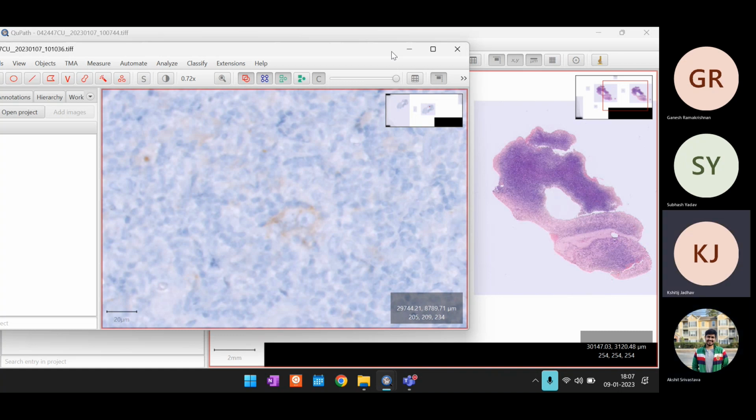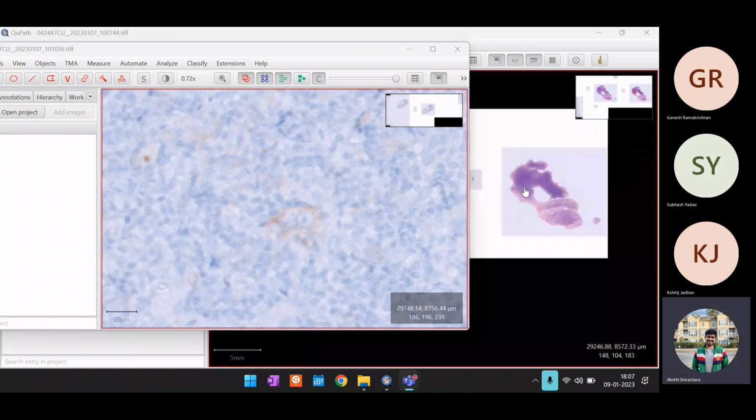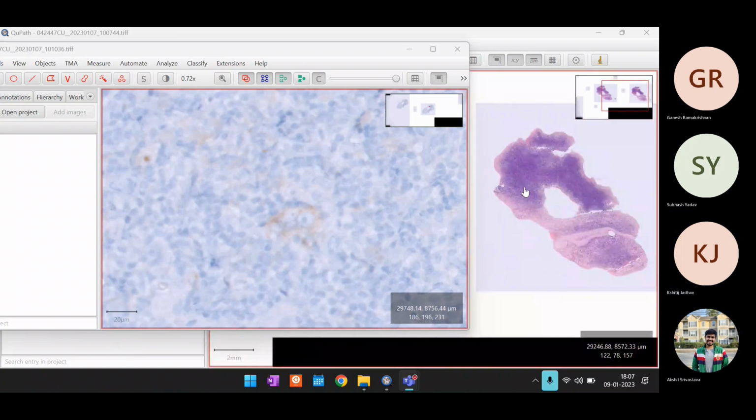Once you delete the RS cells from the H&E staining on the right side, you have only the microenvironment information now, and we have to find whether we can identify subtypes of microenvironment from this. Got it. I think the task is cut out for you now, right? Okay.